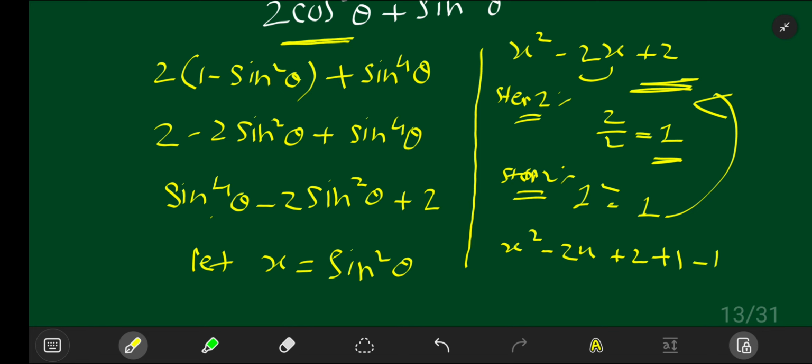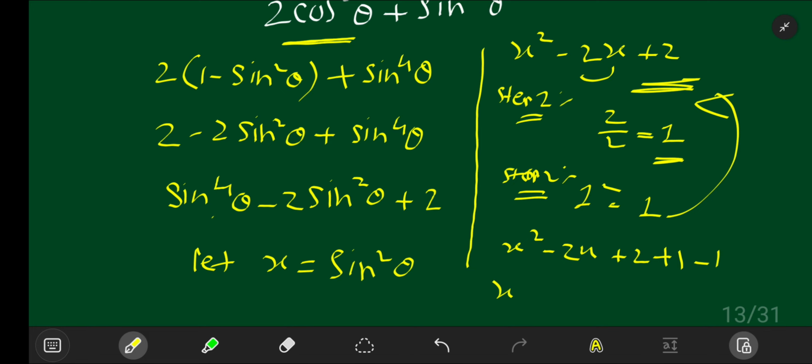Now it is in the form x square minus 2x plus 1 plus 1, since 2 minus 1 is 1.